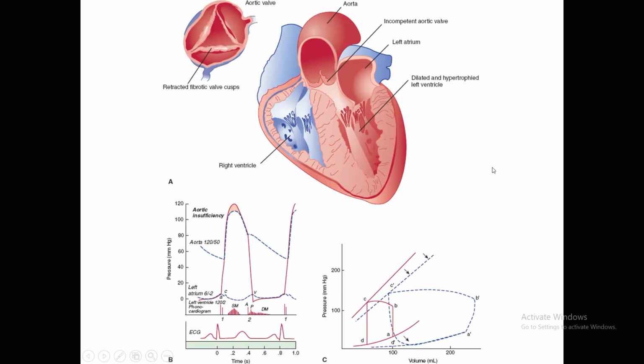The next defect is aortic regurgitation, or aortic insufficiency. It may present either as acute or chronic, with or without compensatory mechanisms. This defect is most commonly due to an inflammatory process, endocarditis, for example rheumatic, or to inherited anomalies.